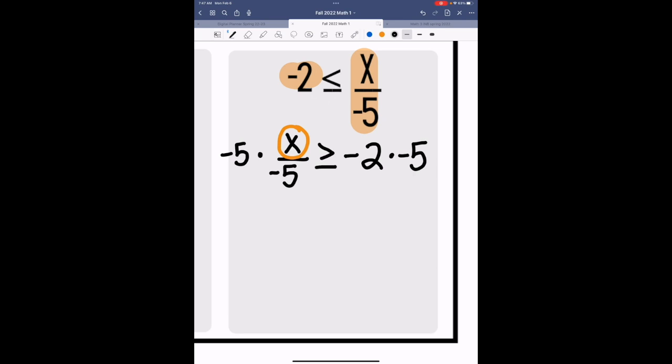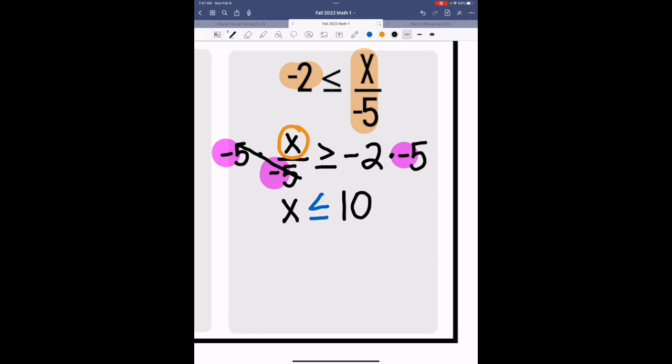Now, we are multiplying by a negative number. So since we're multiplying, we need to flip the sign. So remember, when you multiply or divide by a negative number, you've got to flip that sign. So this is going to turn into less than or equal to, and negative 2 times negative 5 is going to be positive 10.